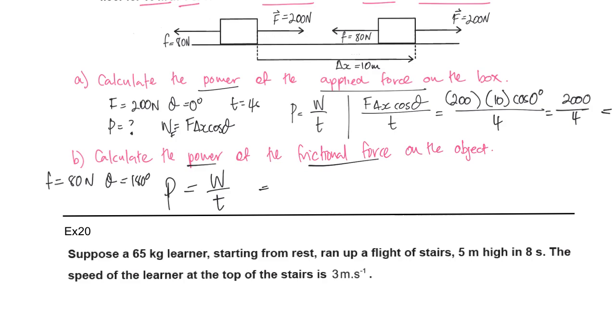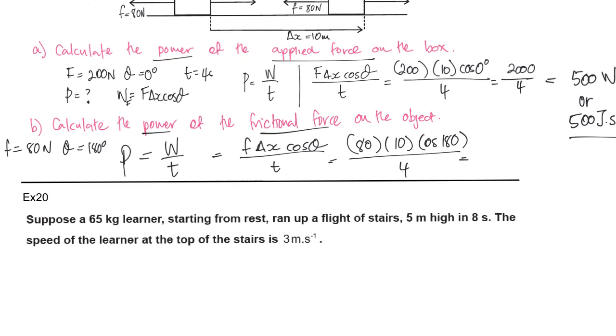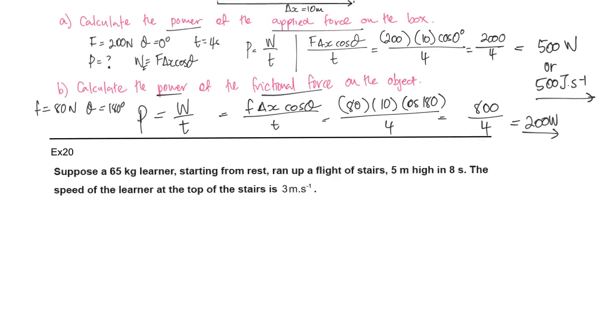So I'll then say F delta X cos theta all over time, and that gives me 80 multiplied by 10 cos 180 all over 4, and I'm now left with 800 divided by 4, and that gives me 200 watts or 200 joules per second.